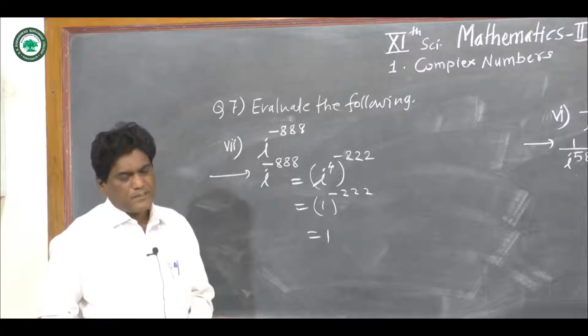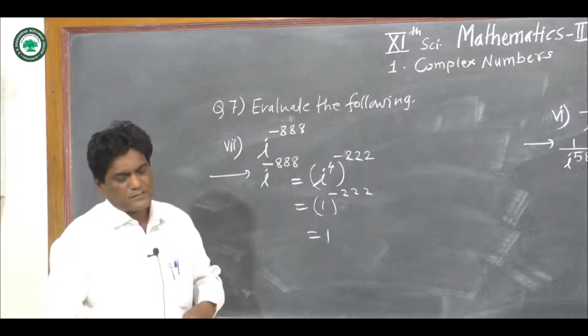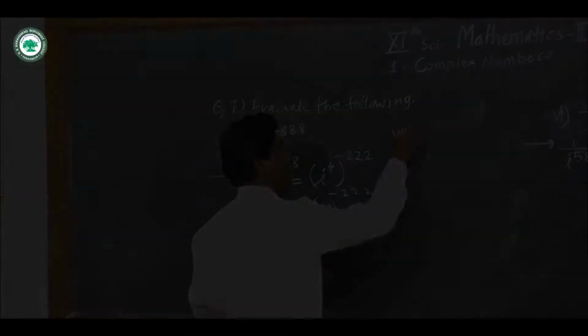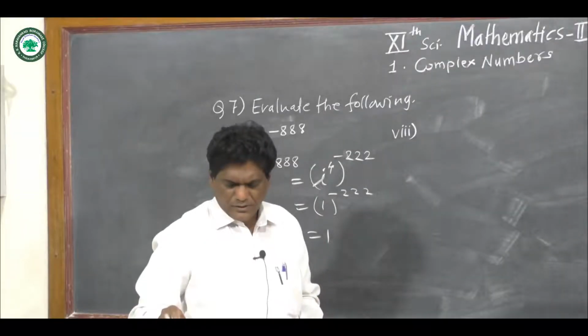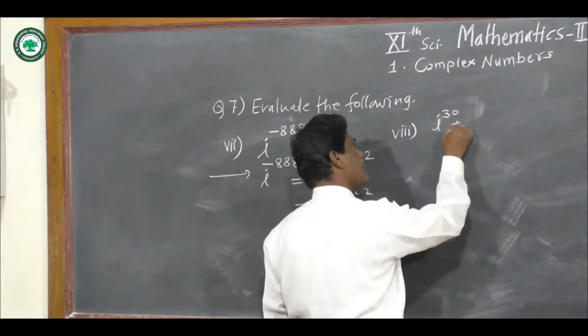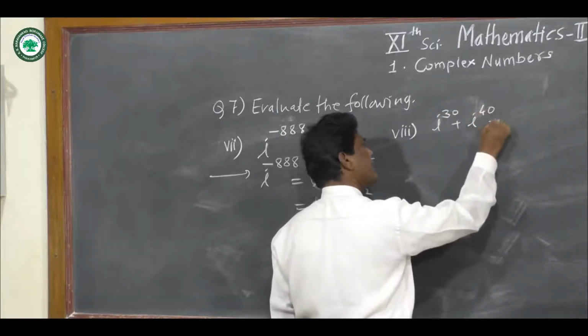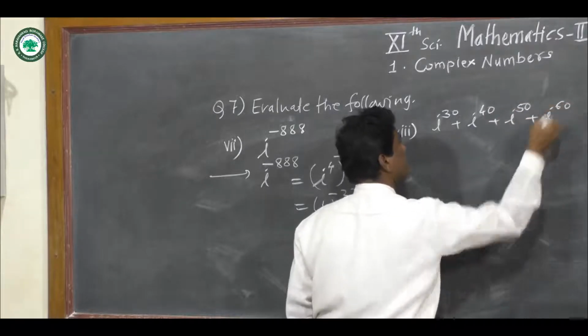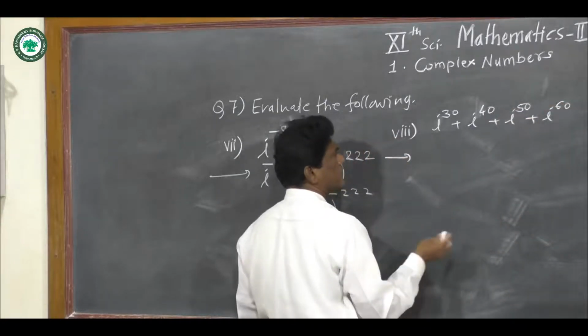Now next and the last, 8th problem. i to the power 30 plus i to the power 40 plus i to the power 50 plus i to the power 60. Solution of this.